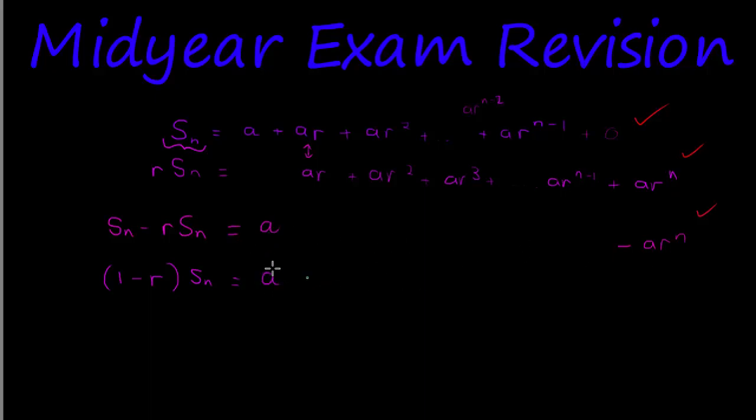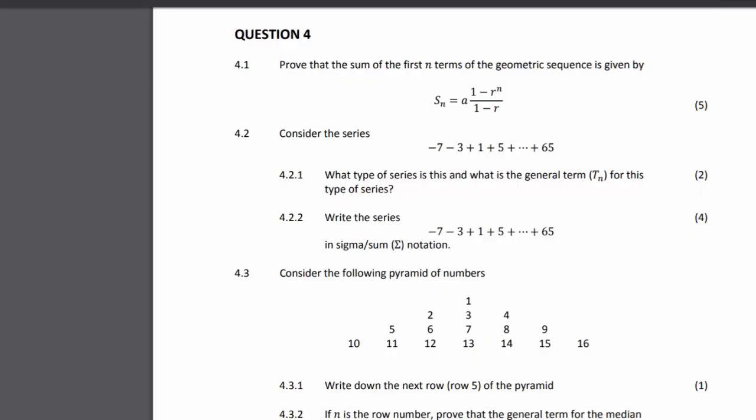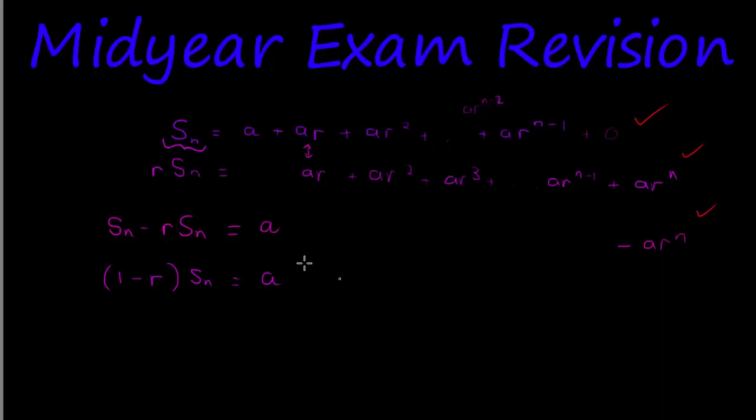A is out as a common factor, so I'm left with a 1, and on that side with minus r^n. I need Sn by itself, so I just need to divide on the other side. So a times 1 minus r^n over 1 minus r.